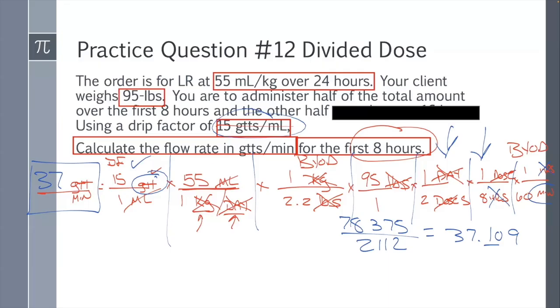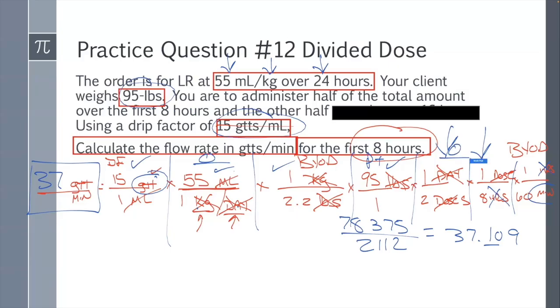My doctor's order was for 55 milliliters per kilogram of my patient's body weight over a day, or 24 hours. 1 kilogram is 2.2 pounds. All I'm doing is double checking myself, making sure I didn't put 2.2 kilograms as 1 pound. Sometimes we move a little quick and we flip those numbers, but that's true. This is why I double check. And it's also true that my patient weighs 95 pounds. Yep, it's exactly what it says up here.